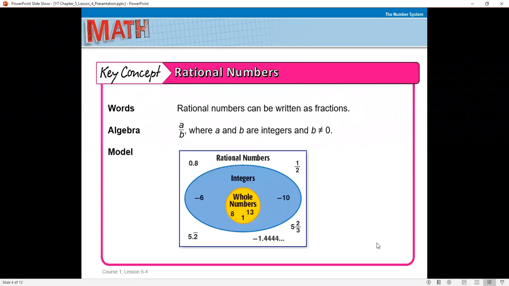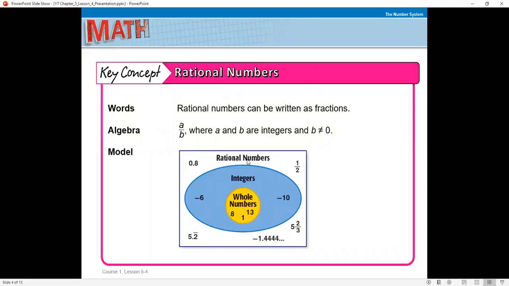Key concept, rational numbers. Rational numbers can be written as fractions, A over B, the numerator over the denominator, where A and B are integers, and B does not equal 0. In fractions, it's against the law to have a denominator of 0.